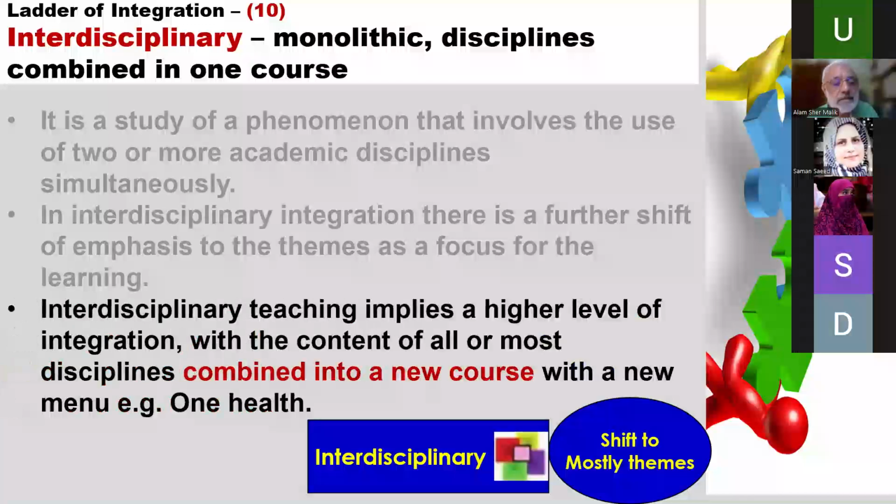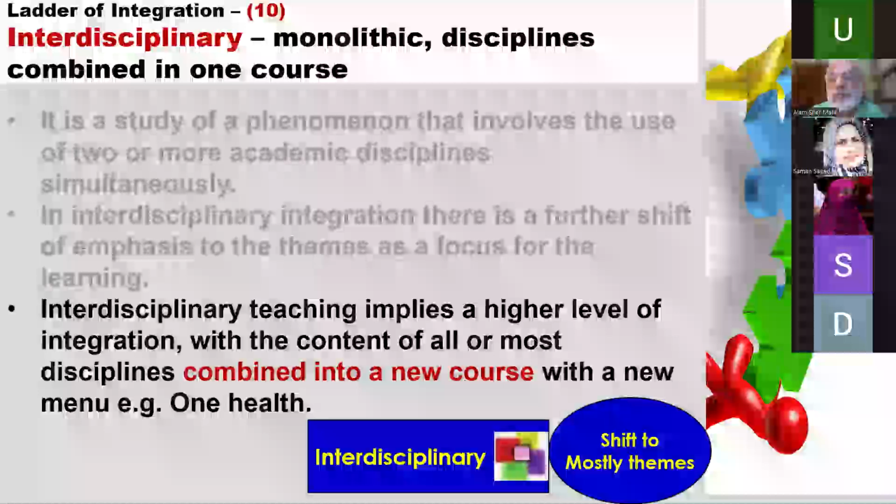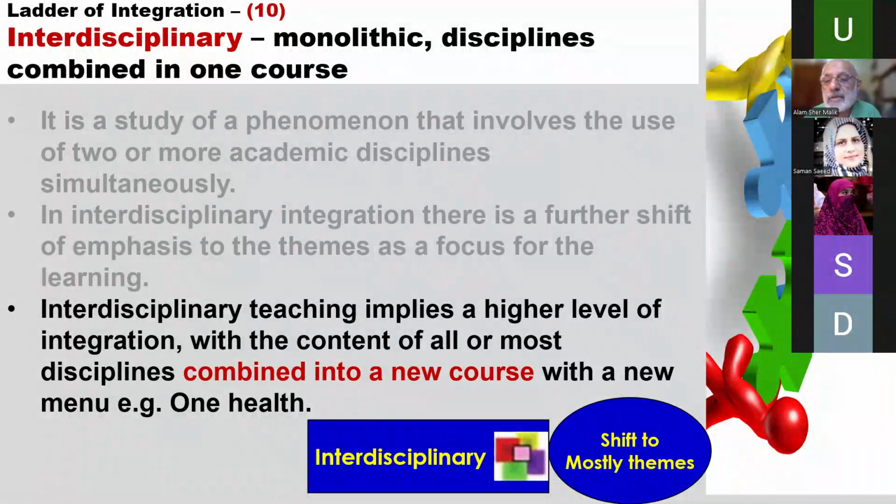And here interdisciplinary teaching implies a higher level of integration, with the content of all or most disciplines combined into a new course with a new menu, for example, One Health. So I gave you this example in the beginning. Disciplines combine and they come up with a new course, with a new approach.